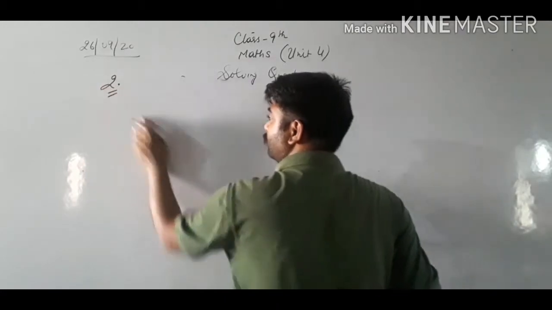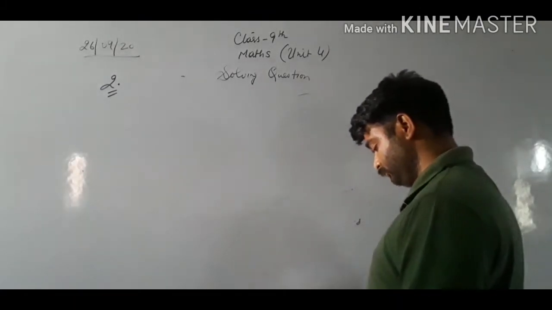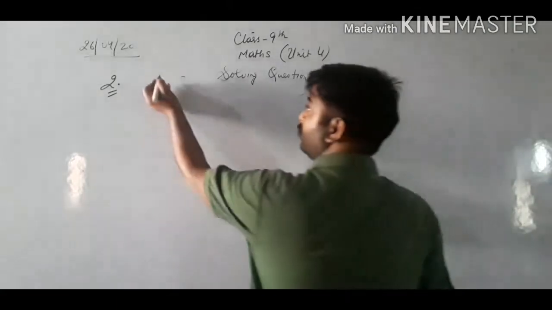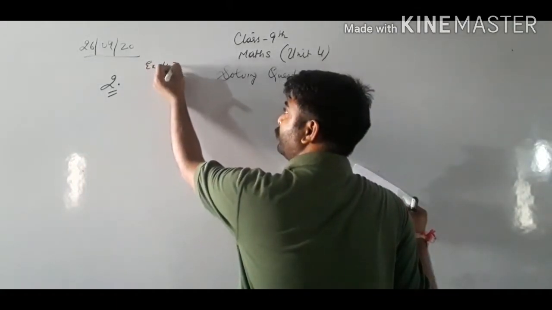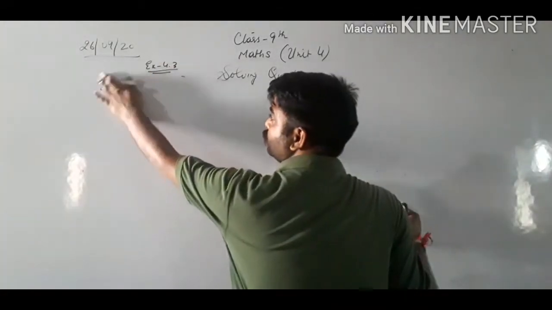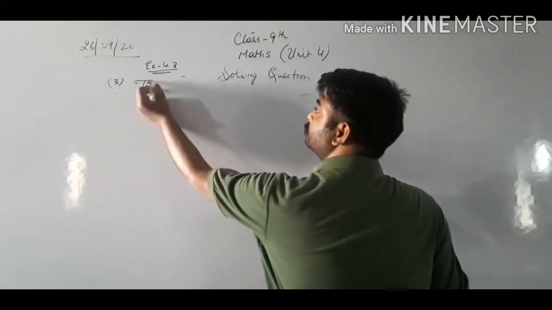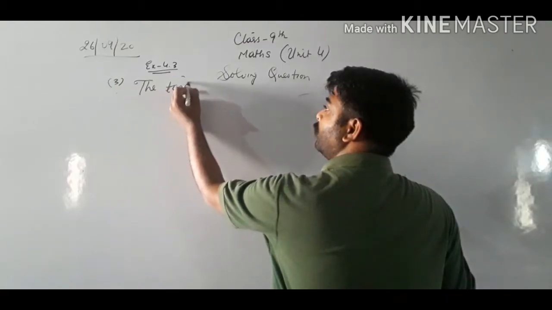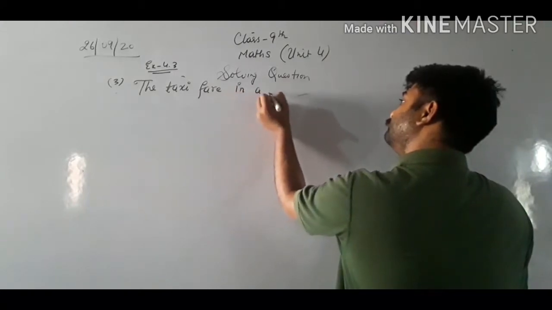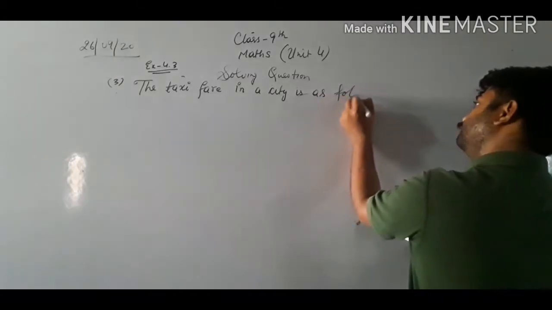Second question. What is in the second question? It is from exercise 4.3. It's the third question, I think, third question of the exercise. The taxi fare in a city is as follows.